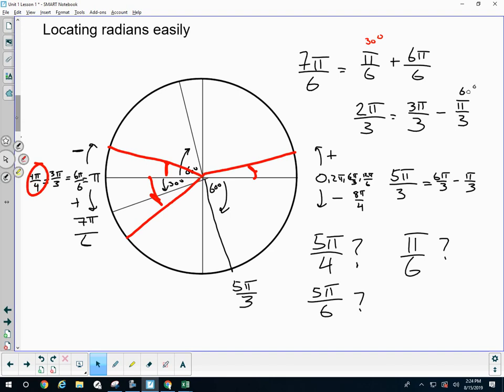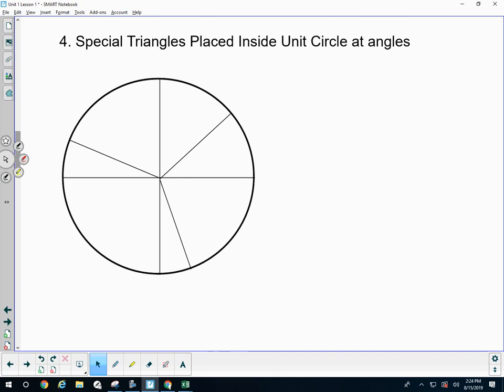That and this is important because we're going to be able to locate these angles like 5 pi over 6. But watch what I can do. If I just take the location on my circle and I drop down vertically or put up vertically a line, I create one of the triangles that we talked about, these 30, 60, 90 or the 45, 45, 90 triangles.